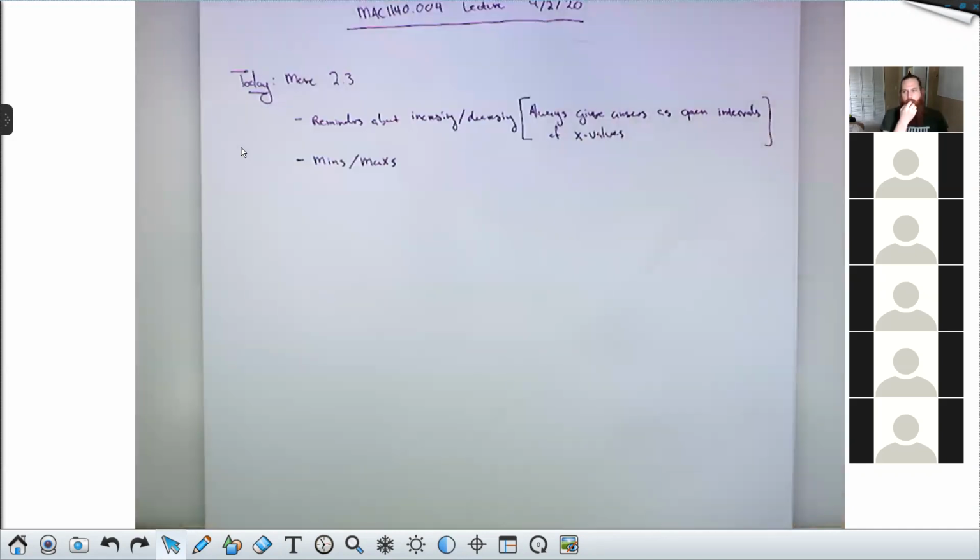So you look along your graph and you ask, where am I going uphill, where am I going downhill? And you make sure that you're giving your answer as an interval of x values, even if the graph has a closed dot. Because at that closed dot, can you say whether you're increasing or decreasing? No, because I can't say whether past that closed dot, you're continuing to go uphill. If WebAssign gives you a hard time about any of that stuff, please let me know, and I'll go in there and try to correct it.